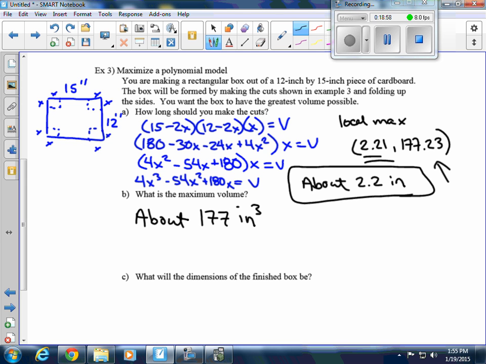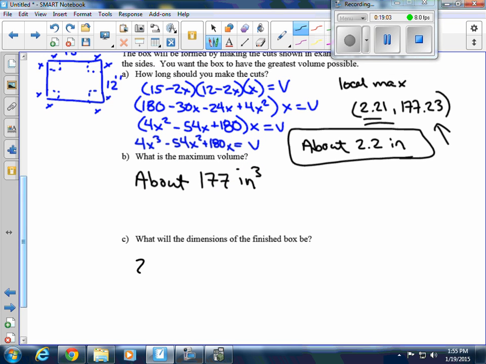And then they're asking us for the dimensions of the box. Well, now we just plug it in. So the dimensions will be about 2.2 inches tall by, if we put 2.2 in for x, 10.6 inches, and the other one is going to be 7.6 inches. So the dimensions of the box will be 2.2 tall, 10.6 long, and 7.6 wide.